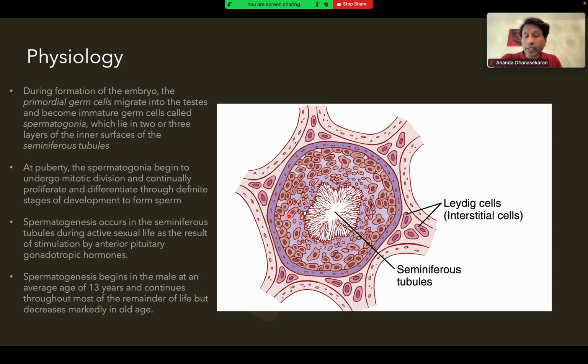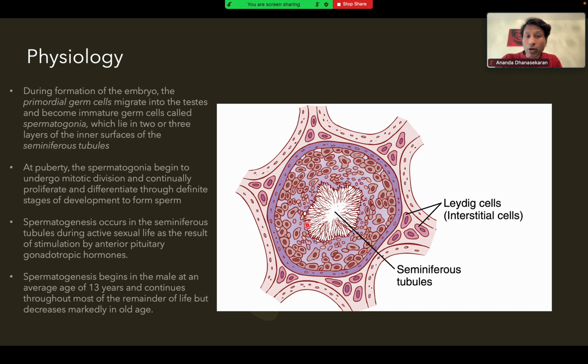I will explain what mitotic division and meiotic division are. There are two types of divisions happening, and we will discuss this in detail with a flowchart. With mitotic divisions, they divide and proliferate. This forms the different stages of the sperms, and the final sperms are formed here. You can see the sperms with a long tail. The final sperms form in the lumen of the seminiferous tubules.